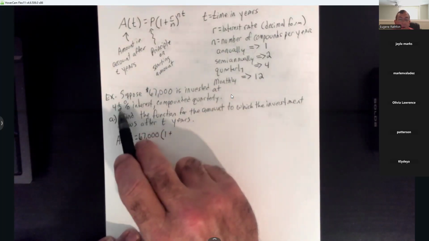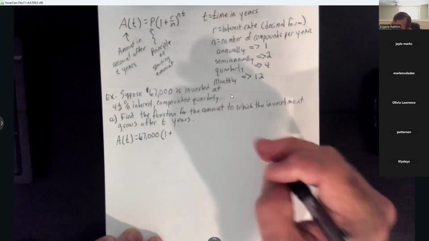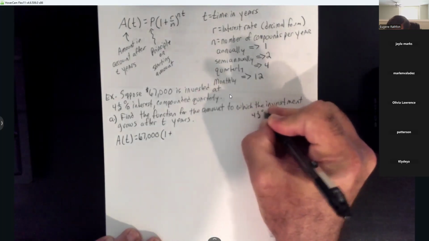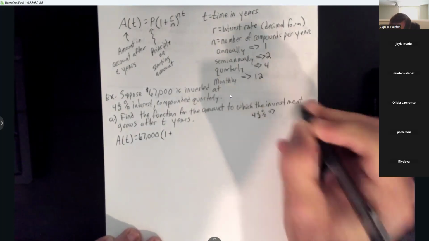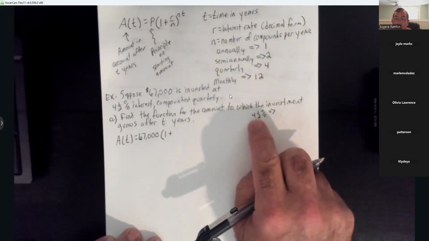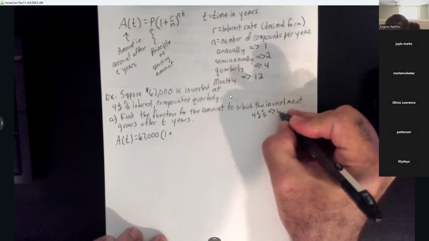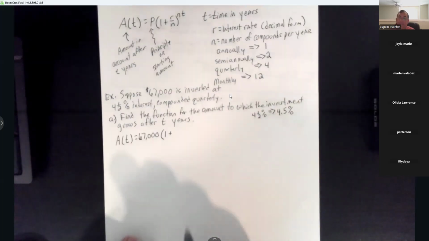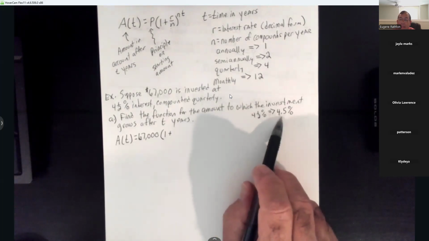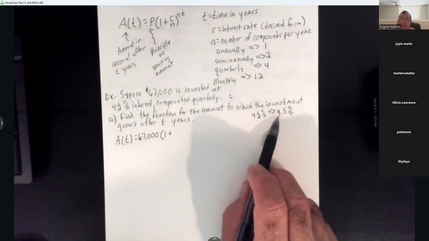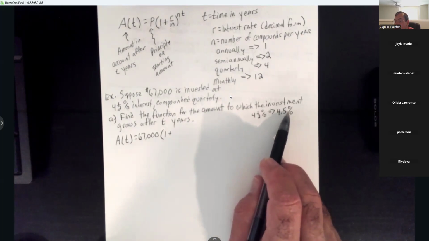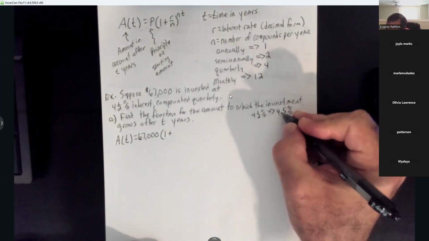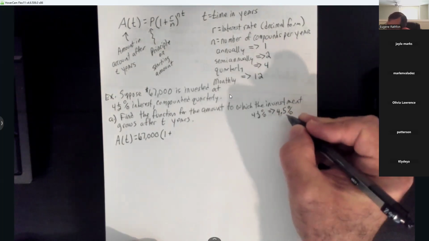So let's see. R is my interest rate. That's 4.5%. So y'all, the first thing I'm going to do is change this 4.5% into a decimal. Now, to convert from percent to decimal, you got to move the decimal left 2 units.